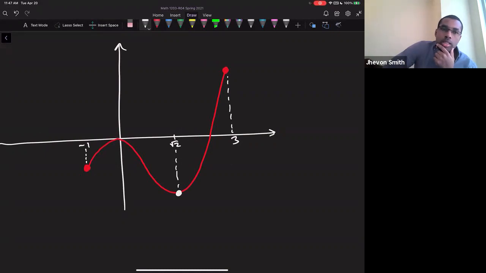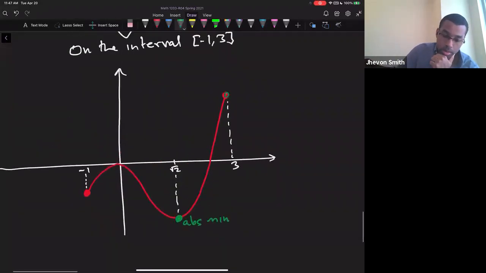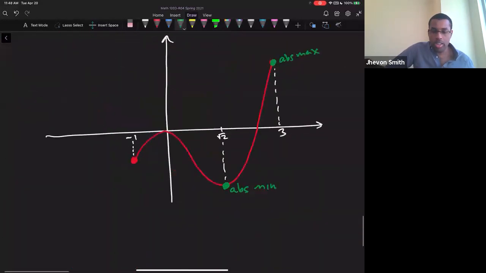Now you can notice why the absolute min and absolute max are where they are. If you look at the picture, that's definitely your absolute min on this interval, and that point here is your absolute max. The absolute min occurs at radical 2, and the absolute max occurs when x equals 3. And I knew that before even graphing anything, because you're not always able to graph.